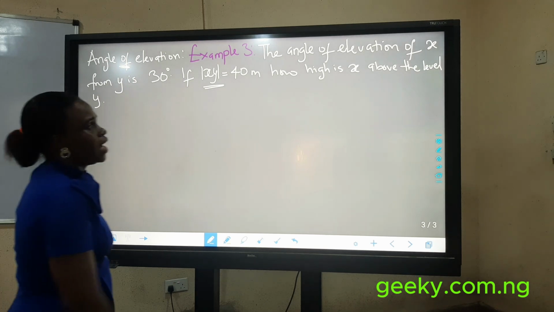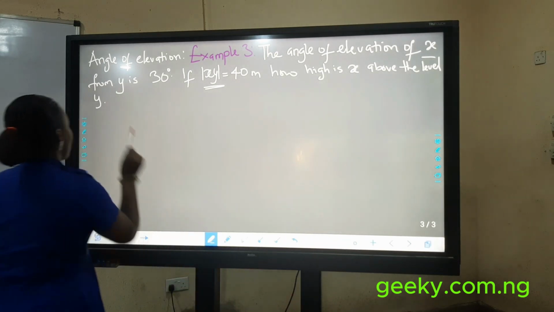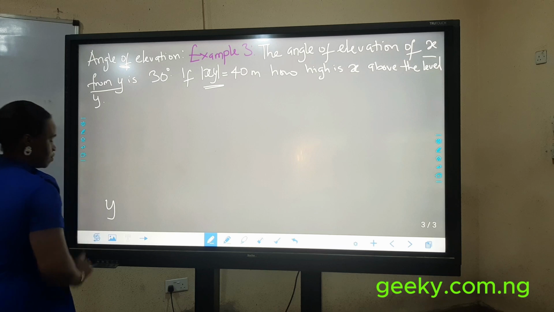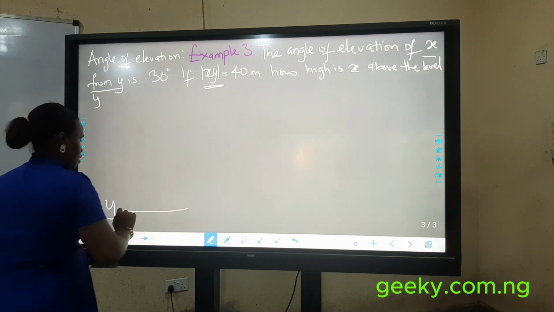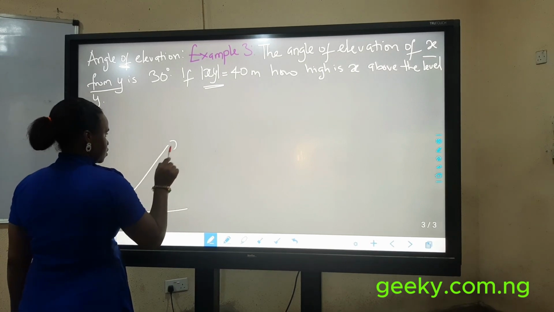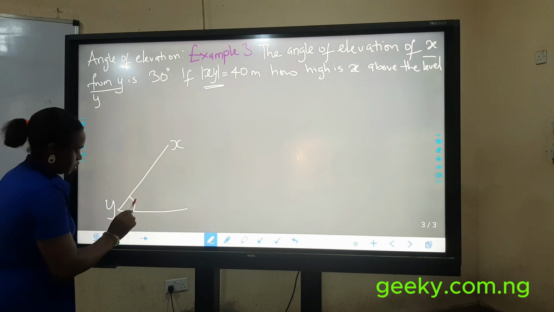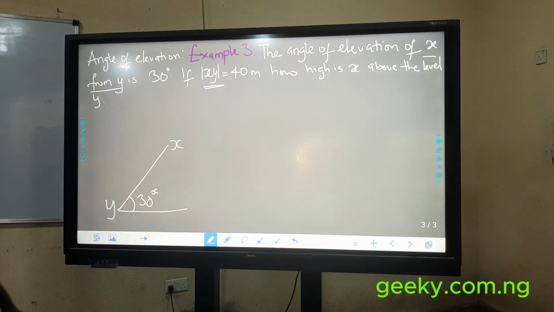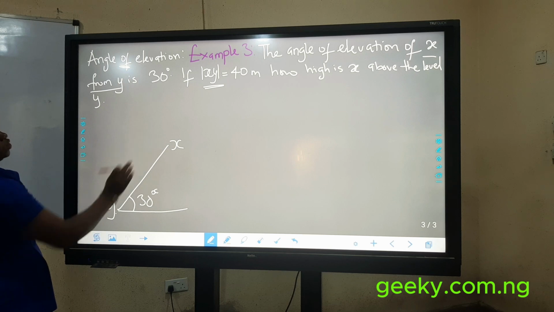The angle of elevation of x from y means we're reading from y. That means this is y. From y to x is 30 degrees. The angle of elevation of x reading from y is 30 degrees.